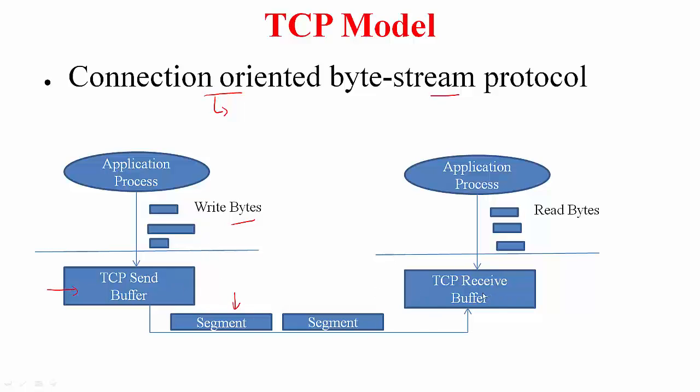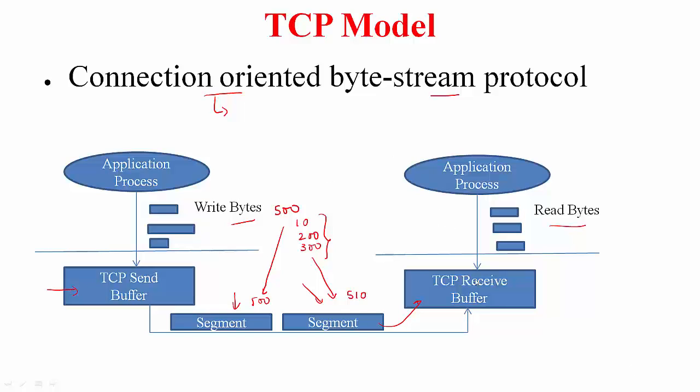And at the receiving side, these segments are written into the TCP receive buffer from which the application is going to read the bytes. So for example, if the application wrote 500 bytes, then this may be sent as 500 bytes in the segment. But if it wrote 10 bytes followed by another 200 bytes followed by another 300 bytes, then it may wait to gather enough bytes and send these bytes out in this segment as 510 bytes.